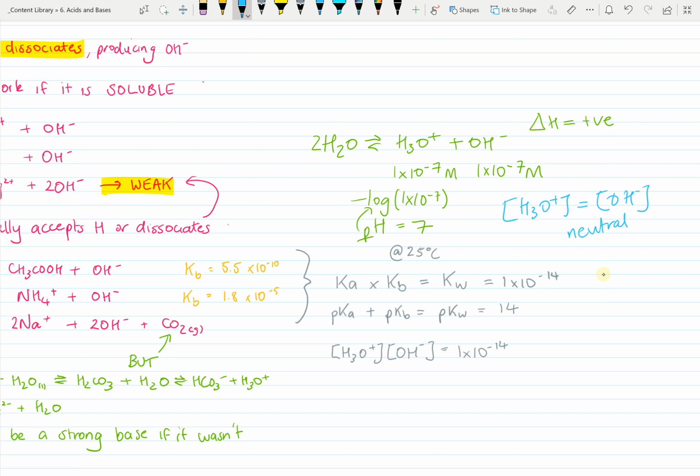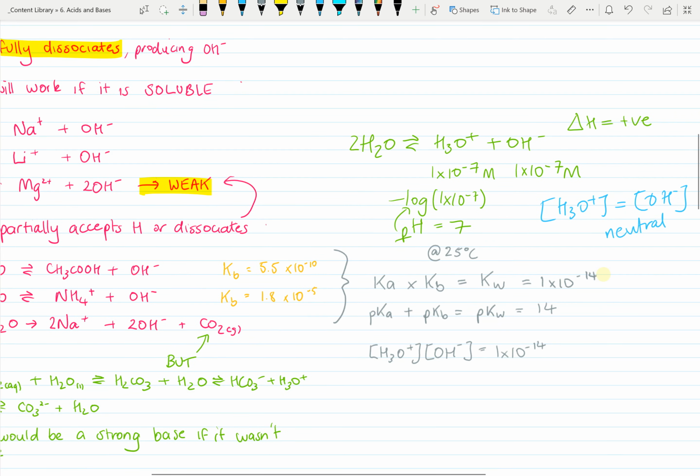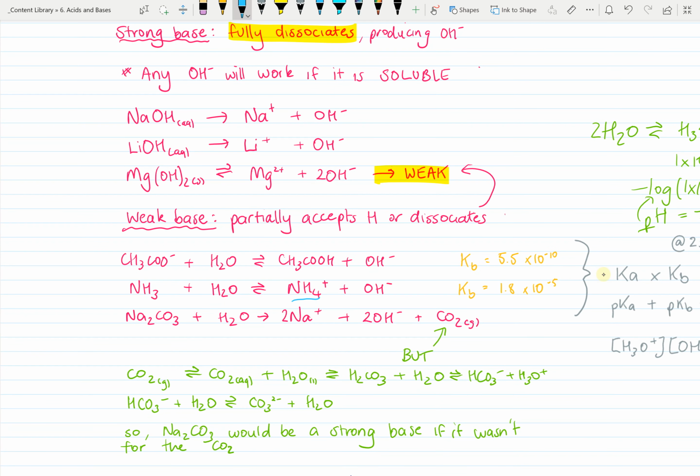And if you times both those numbers by each other, 1 times 10 to the negative 7, 1 times 10 to the negative 7, you get 1 times 10 to the negative 14. Turns out, if you times the two conjugates by each other, I might use that word a bit. Conjugates are like these two. So these two are conjugates to each other because they differ by hydrogen.